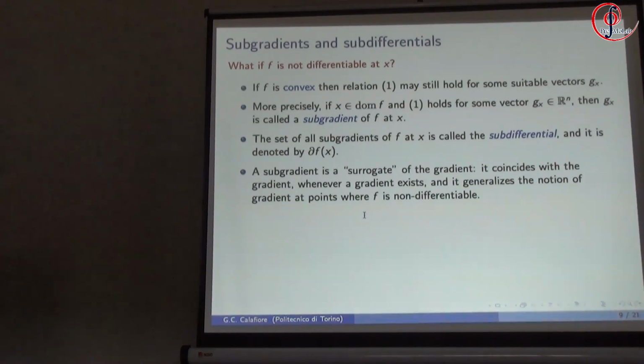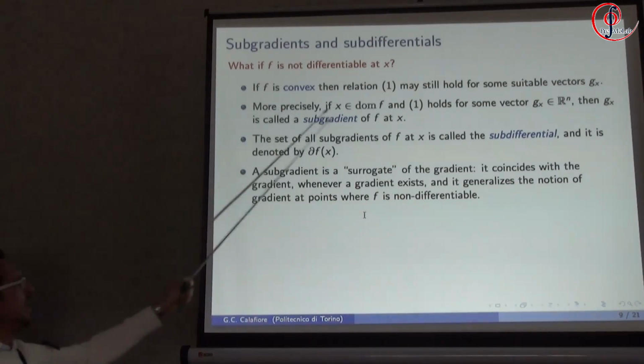Okay, so everything is fine if f is differentiable, but what if f is not differentiable at some point? Well, if f is not differentiable but convex, then this relation 1, which is the fact that the graph of the function is lower bounded by some hyperplane, may still hold for some suitable vectors that I call g of x.